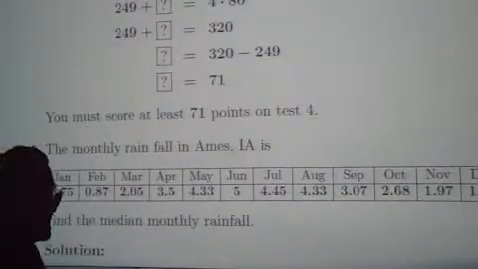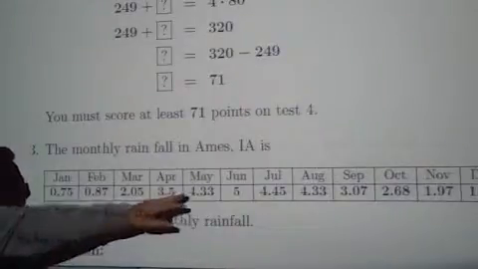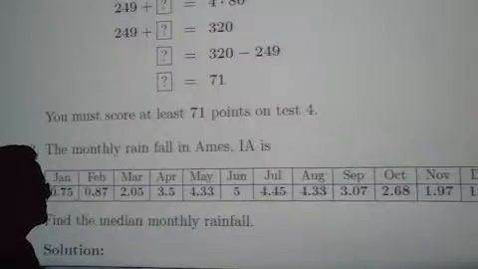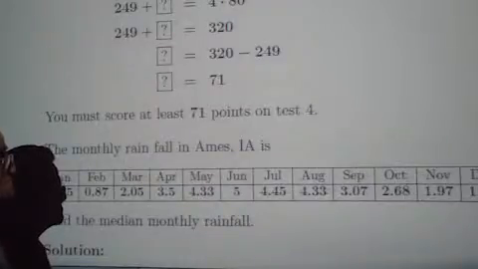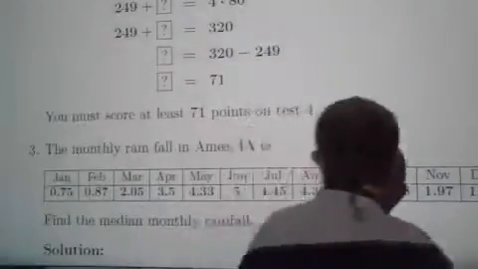April, 3.5. May, 4.33. June, 5. July, 4.45.